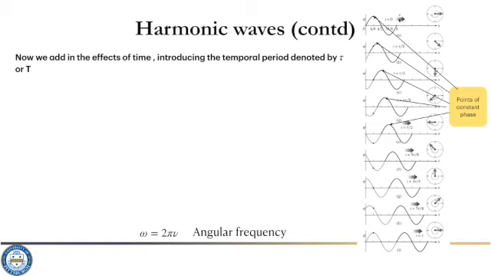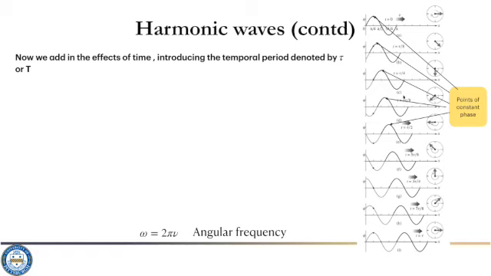And then as time goes on, we see that the wave propagates to the right. After a time, for example, tau over 8, it'll propagate by a little bit to the right-hand side.